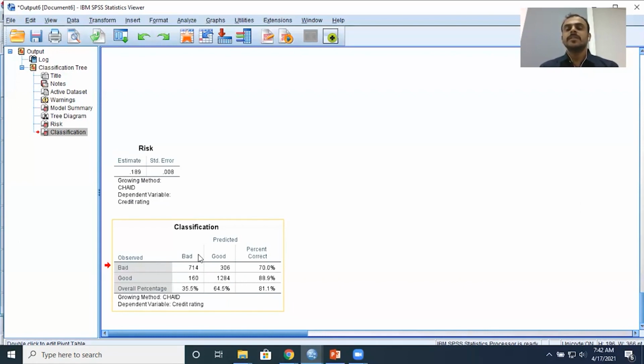So this is a slightly tricky decision. You might want to discuss and debate which of the two categories you are going to treat seriously. But mostly, for all practical purposes, it's the bad credit risk which is taken seriously, and you might want to penalize them more than your good credit risk.